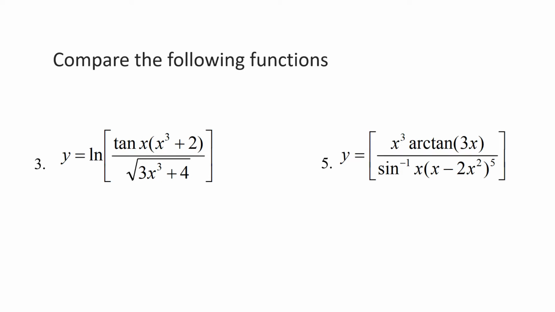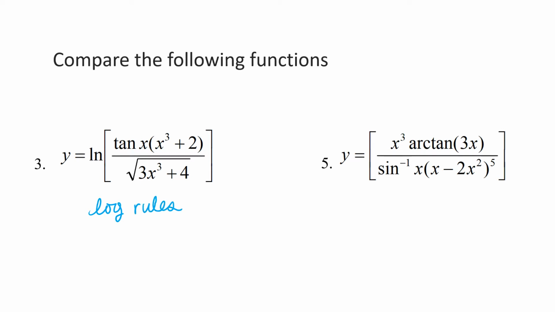So function 3 is y is equal to the natural log of a huge mass. And for 5, we have y is equal to a huge mass without a natural log. If we look at 3, we're able to use log rules to simplify this.